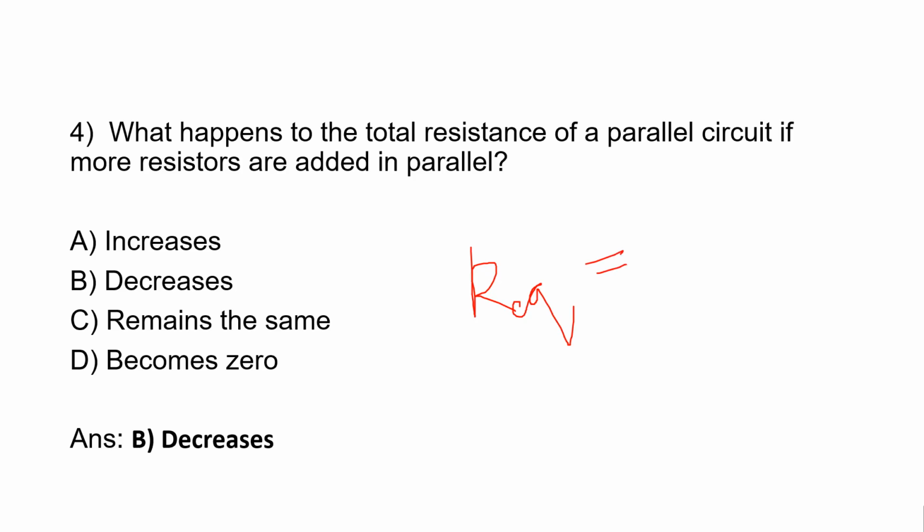Suppose each of these resistors is 1. So 1 into 1 by 1 plus 1, which is 2. So there are two resistors, each of 1 ohm, connected in parallel. Then the equivalent resistance will be 1 by 2 or 0.5. So the value of resistance decreases. So the answer to this question is, when we add more resistors in a parallel circuit, the equivalent resistance or total resistance decreases.